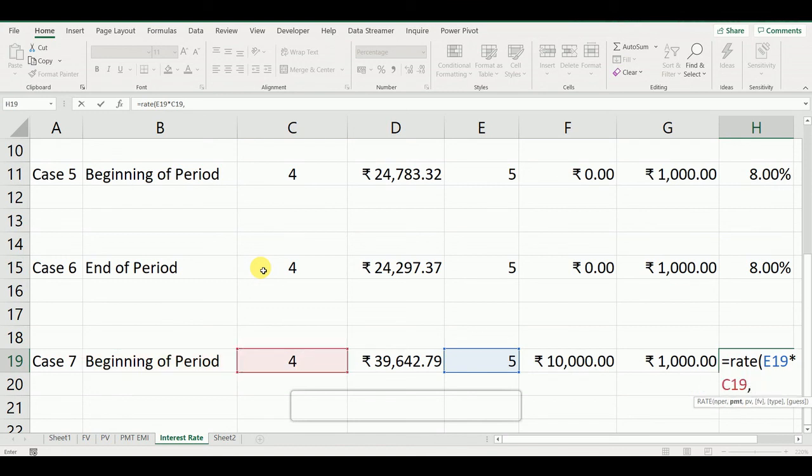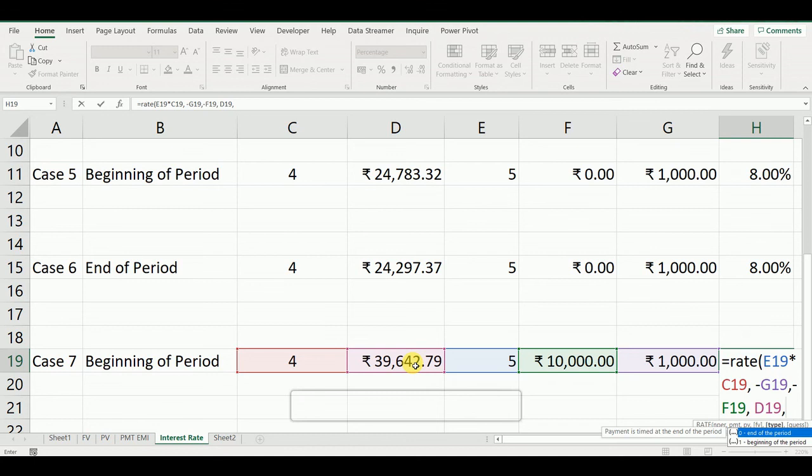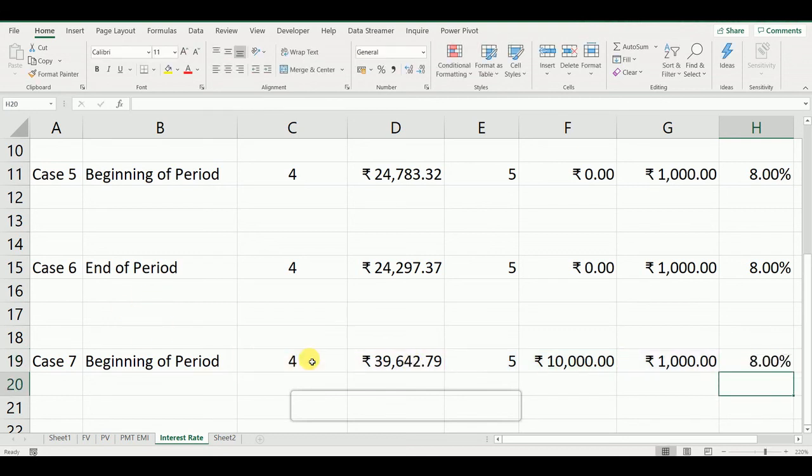Our PMT is minus 1000 and PV is 10,000, so that we will also give in minus because that amount is going from our pocket. Now future value is 39,000, type is beginning of the period, bracket close, and we will multiply by compounding to get the yearly interest rate.